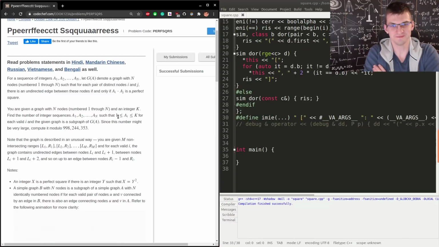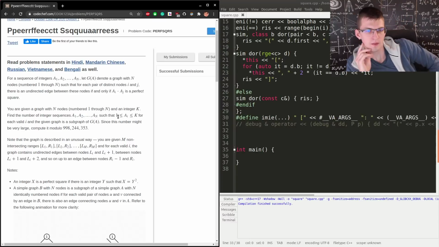Is it math? Let G of A denote a graph of n nodes.